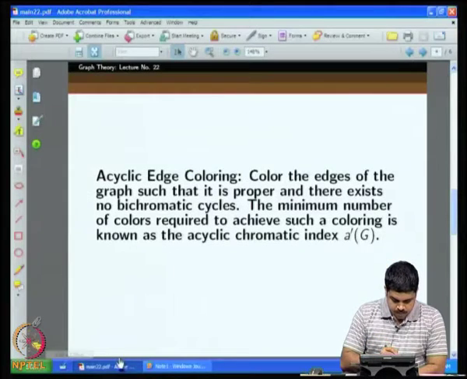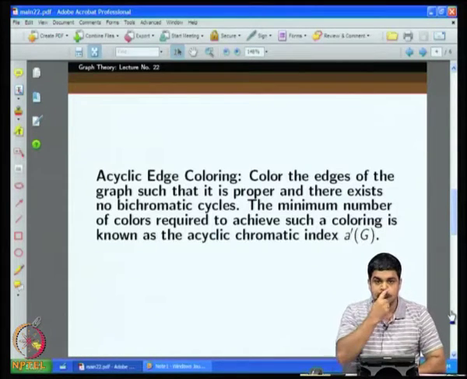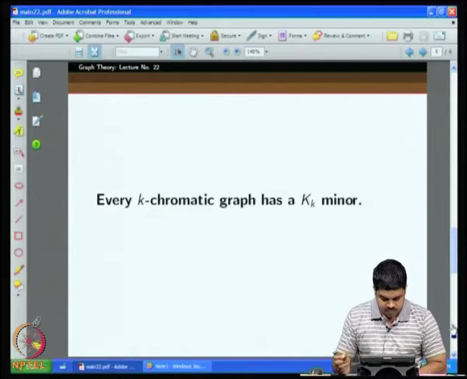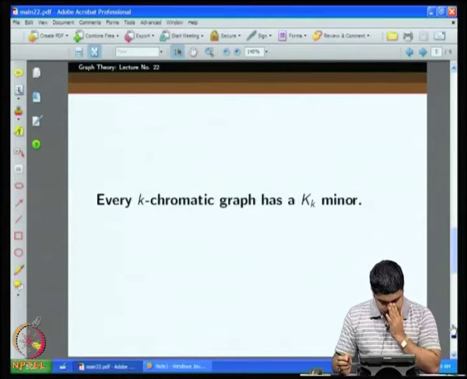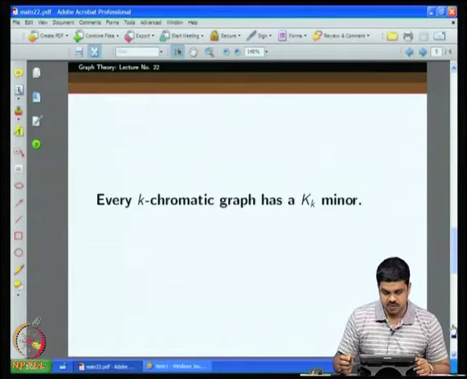Now, the next idea is to consider another important problem regarding the chromatic number, the vertex coloring of graphs.